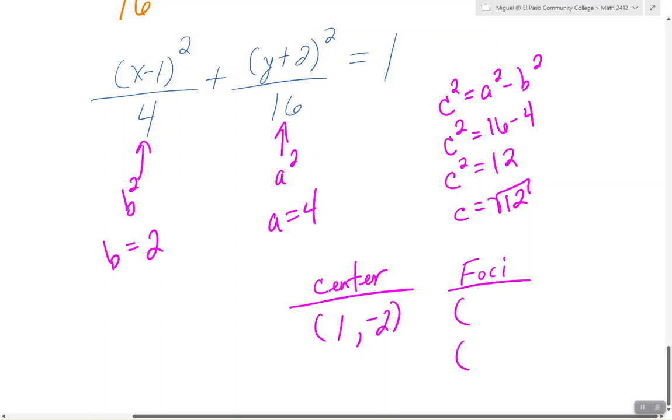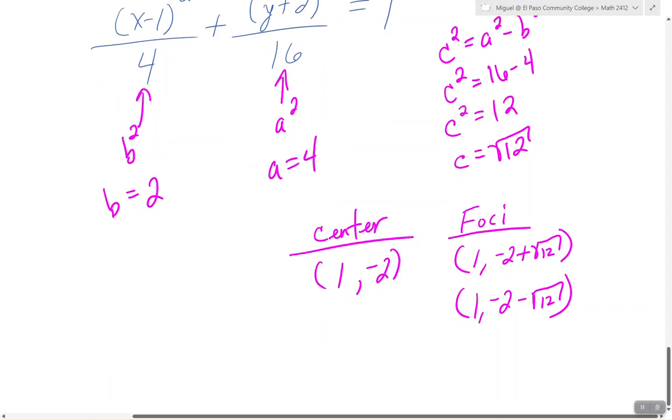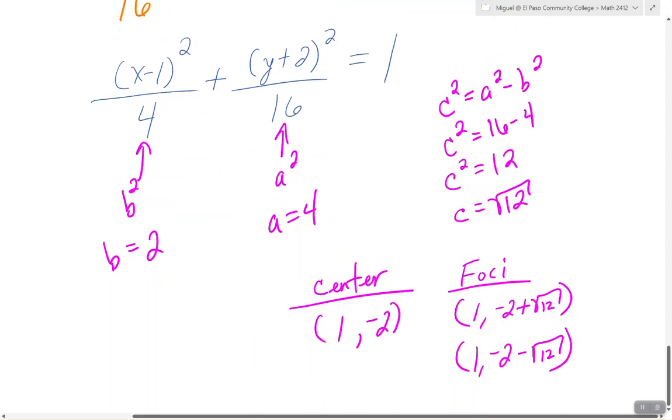So the C, we're going to add this and subtract this from the Y. So it's a vertical ellipse. So we'll do center here. So this is 1 and -2 plus square root of 12, and 1 and -2 minus square root of 12. Those are the two coordinates for the foci. And all we need is the vertices, right? But we can get those when we sketch.